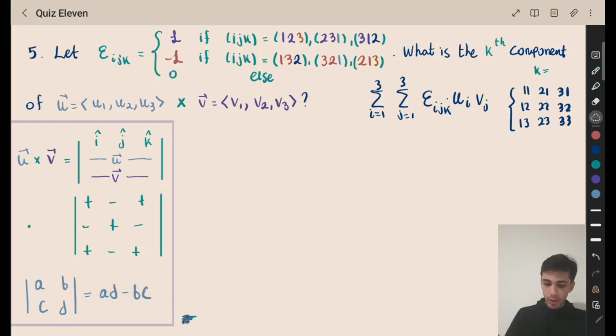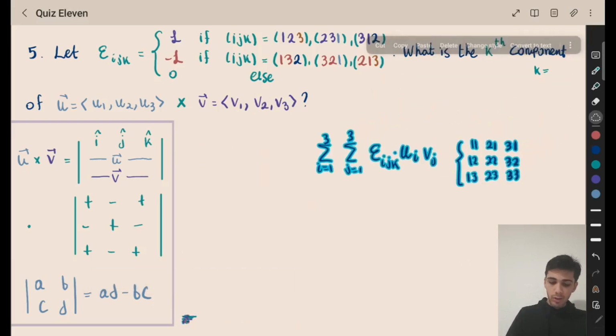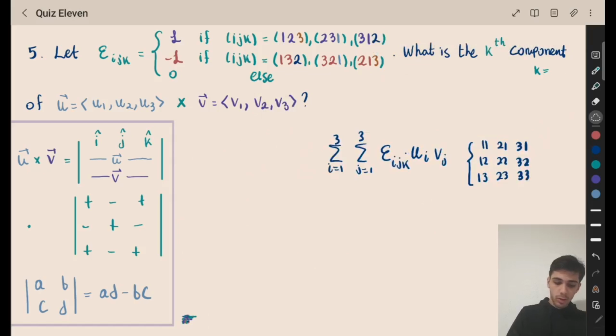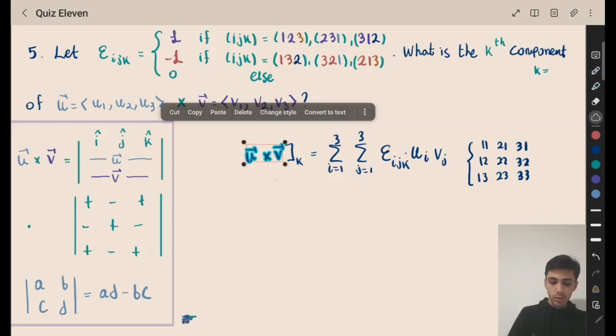Much more space. Amazing. So I do like this, and I say, okay, this is going to be the kth component of u times v.